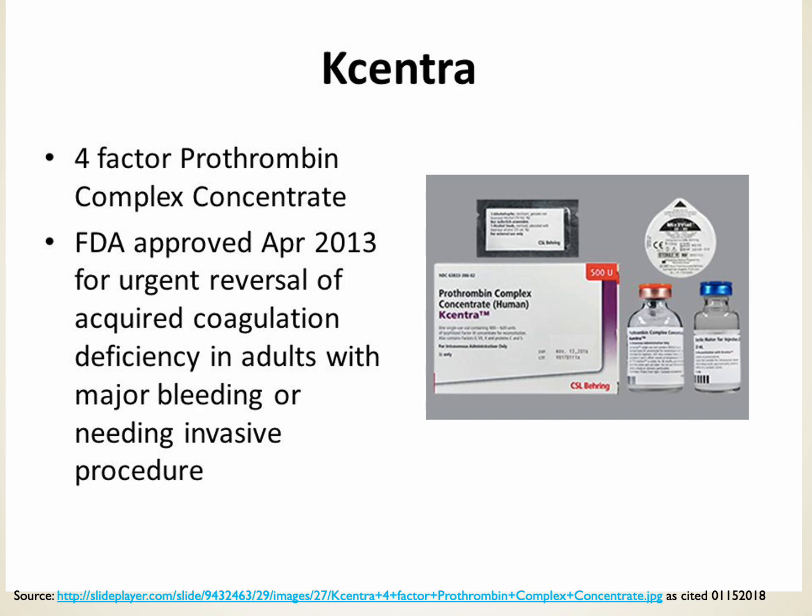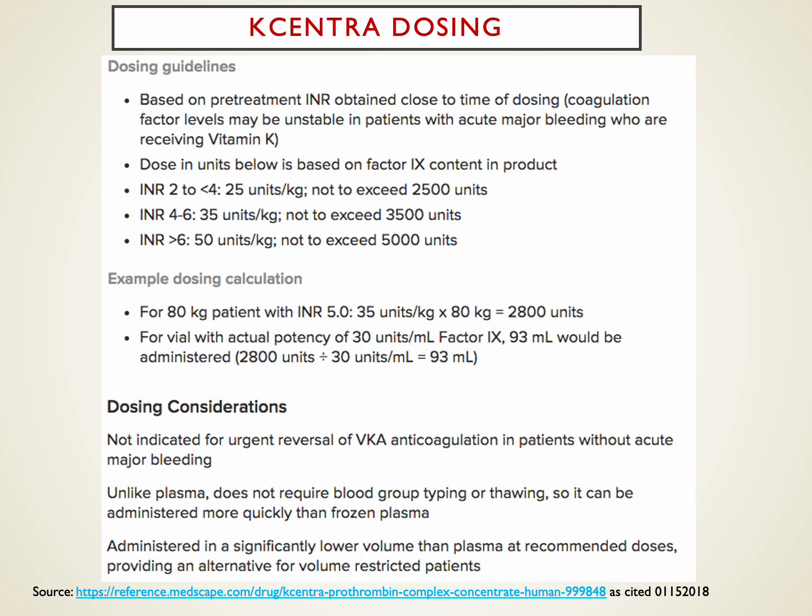And there are guidelines for how this is used and who sort of shepherds its use in an acute care setting. There are lots of guidelines on dosing about who gets what dose, and it's dosed based on the INR and the risk for bleeding and the weight of the patient. And so all these dosing considerations are beyond the scope of what I think we want to focus on today, but I think you need to be aware that there's such a regimen in place.